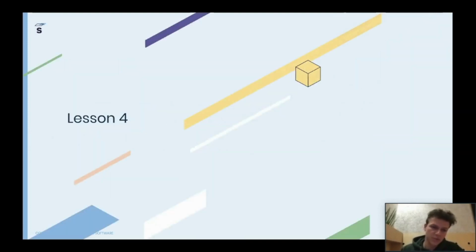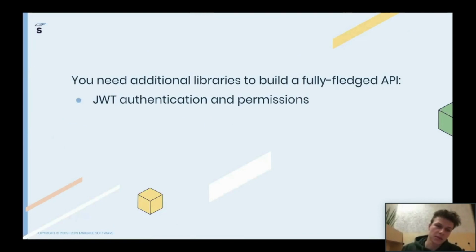So this brings us to the fourth lesson that we've learned: if you are building a fully-fledged API in Graphene and Django, you need a bunch of additional libraries. For example, I said before that we support JSON web tokens for authentication, and that's true, but it's not provided by Graphene by default. You need an additional library for that.